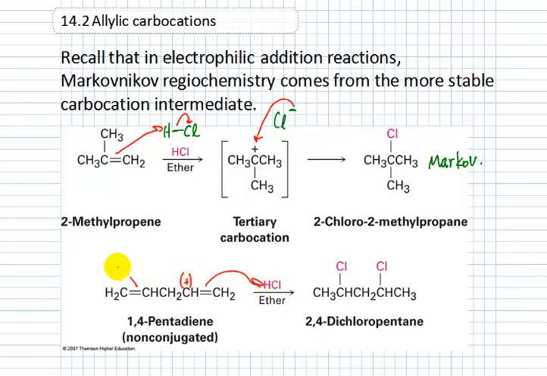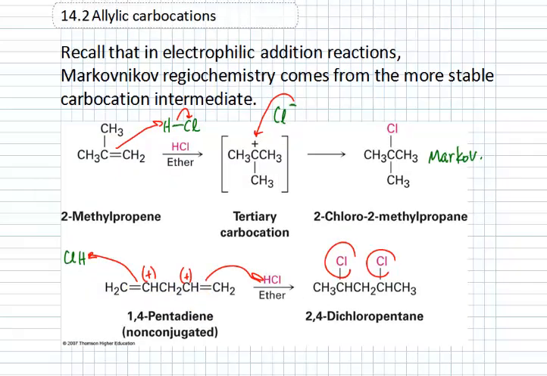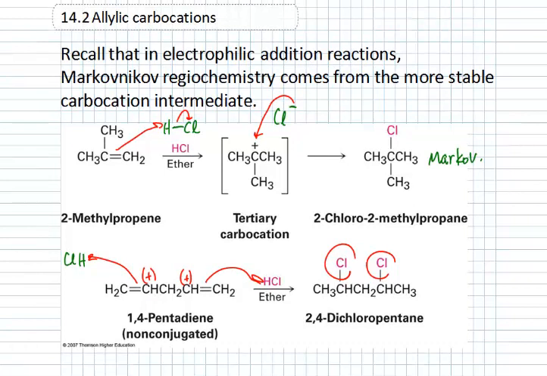The other one will attack an H and we'll end up with a carbocation on that internal carbon. That'll give us these two chlorides, both of them in Markovnikov positions relative to the original starting alkene. So non-conjugated alkenes react in exactly the same way as just a regular single alkene would.